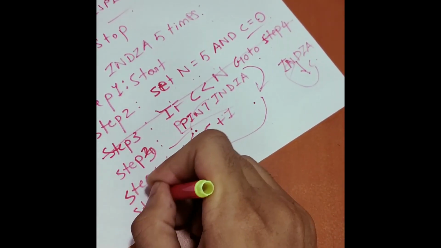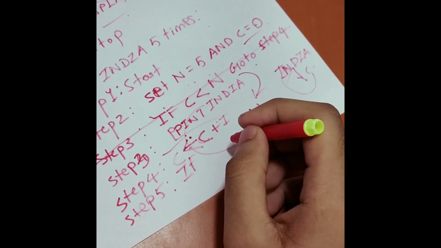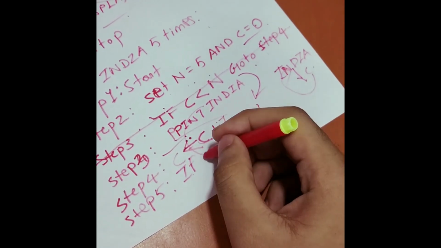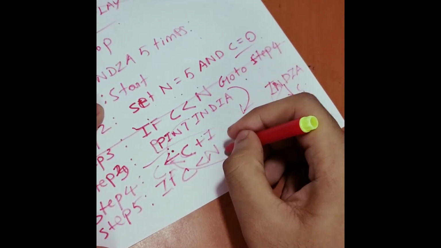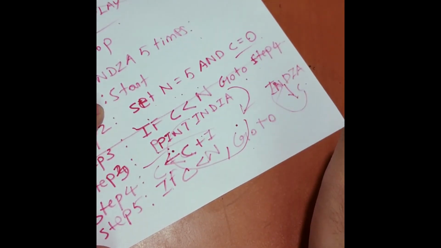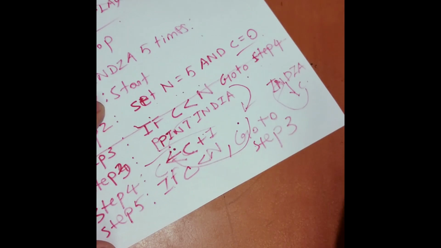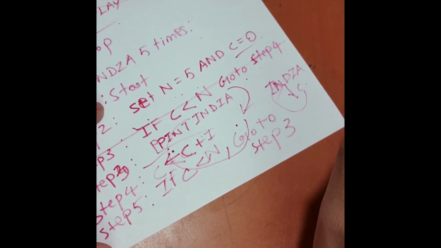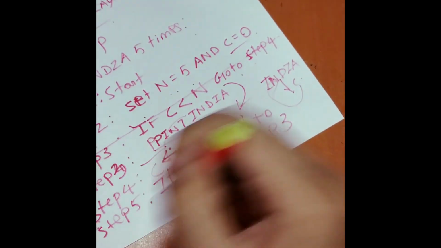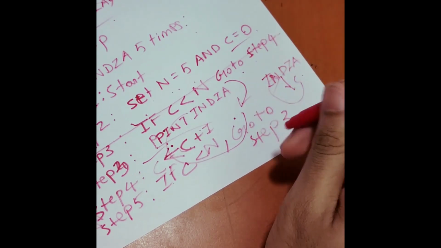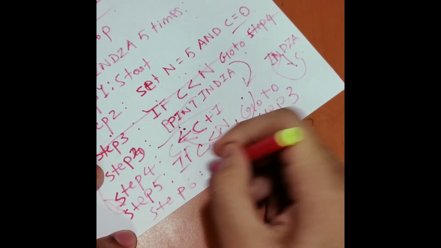Step 5: if C less than N, go to step 3. This was the step error. This line should be written in step 5. So let me dry run the code, and obviously the code will end at step 6, that is stop.